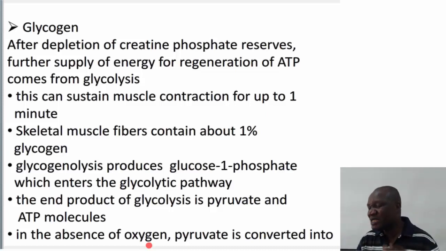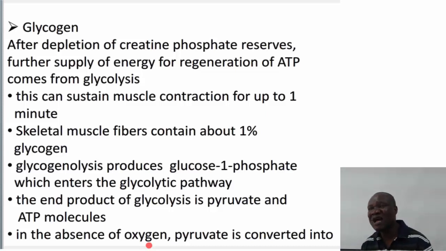So we have creatine phosphate. Now, this creatine phosphate will then phosphorylate the ADP. You know, ADP is not an energy producing molecule. It's ATP which produces the energy. So creatine phosphate will phosphorylate ADP to produce ATP.